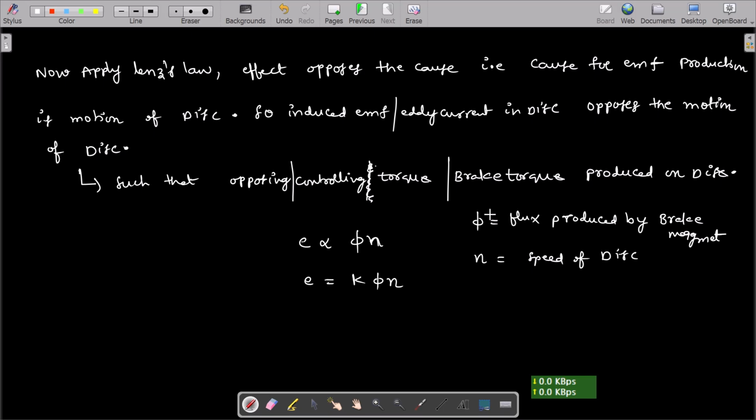Here flux means the number of lines of flux.